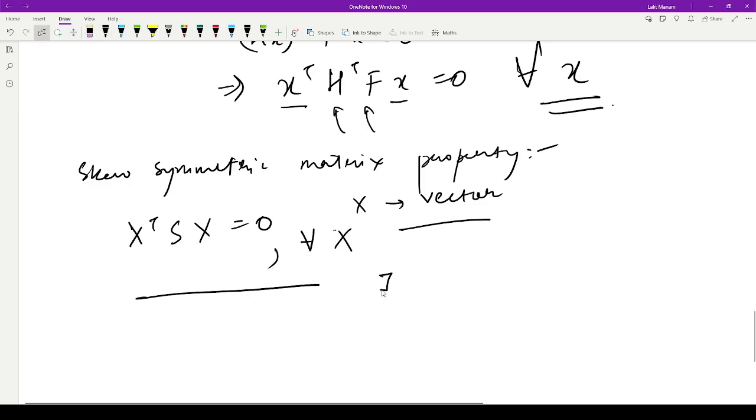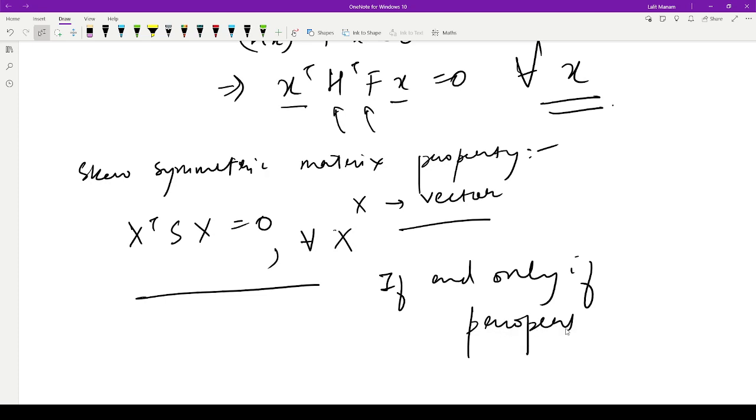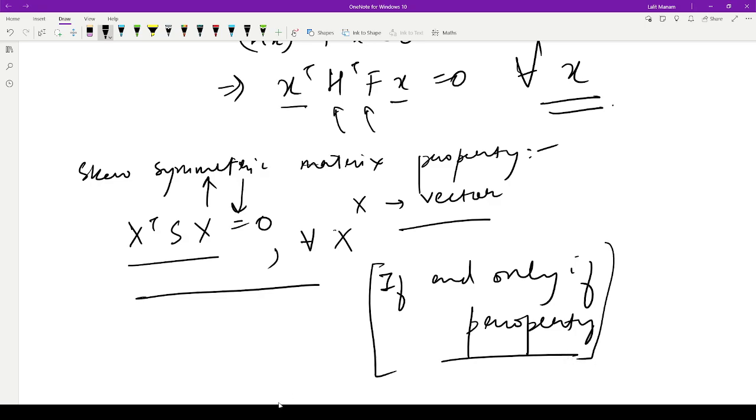So it is an if and only if property. What I mean by that is, if this thing holds, then it's a skew symmetric matrix, and if you know that it's a skew symmetric matrix, then this thing holds. So if this holds true for all values of x, then it's a skew symmetric matrix.